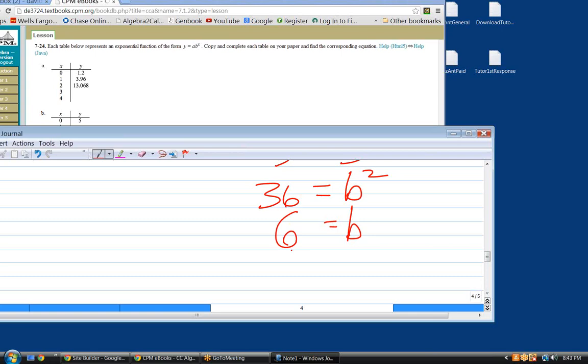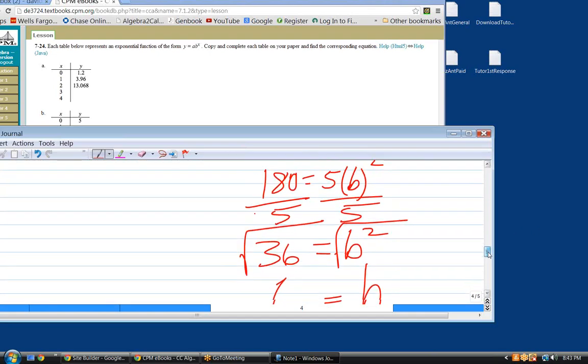In other words, whenever you have an equation where the variable is squared, take the square root of it. The square root of b squared is b. The square root of 36 is 6.